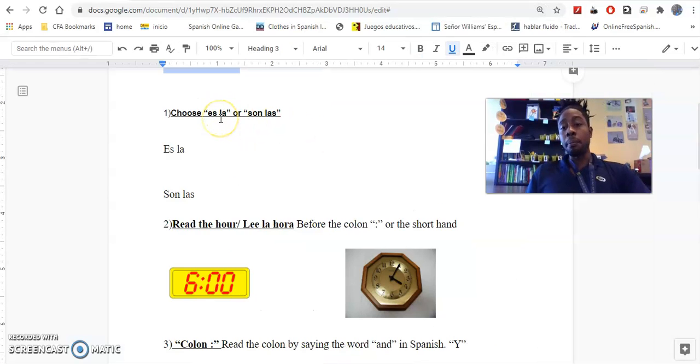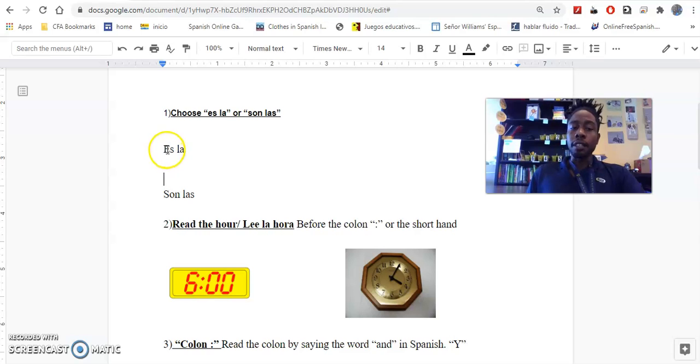All right, so la primera cosa que vas a hacer, the very first thing you're going to do is you have to choose between the phrases es la and son las. Now, if you are new to Spanish, these 2 phrases may not mean anything to you, but if you've had some experience with Spanish, you may be able to notice the difference between these 2 statements immediately.